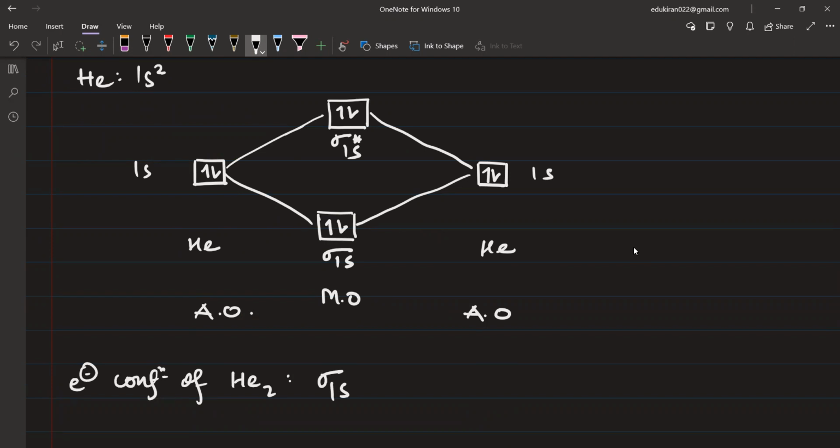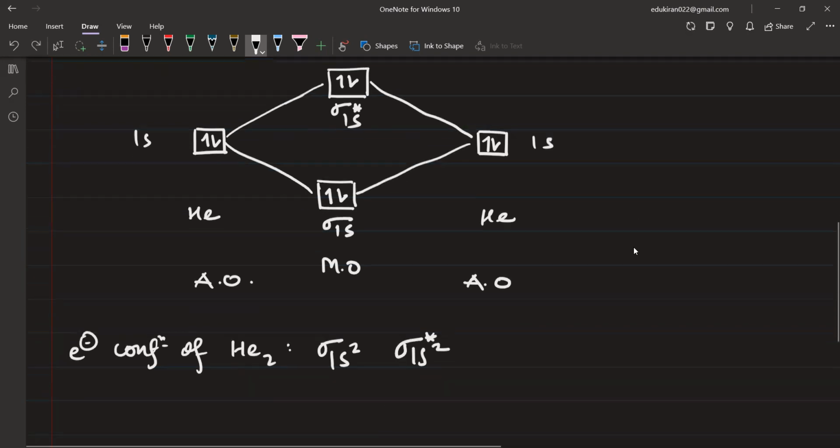Sigma 1s, it is having how many electrons? 2 electrons. Sigma 1s2. And then we are also having sigma star, which also has 2 electrons. So you can write it like this. So this is the electronic configuration of a molecule. If you are going to write for hydrogen, it will be just till here, sigma 1s2. So this is the electronic configuration of helium.